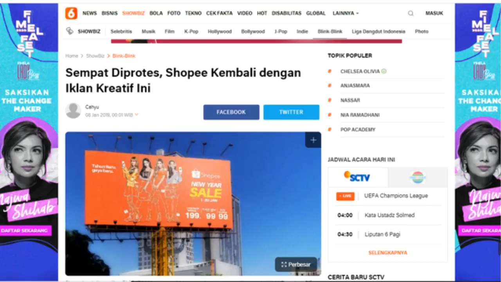This is a negative sense, and then the writer contradicts it with a positive sense. Shopee kembali dengan iklan kreatif ini. We can feel here that the writer is on the product's side. And of course, reading the complete news will help you strengthen your opinion.